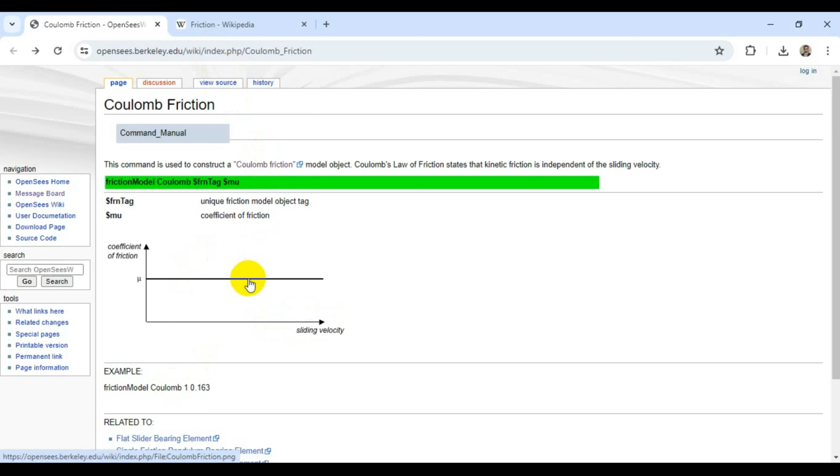When the sliding velocity increases, the transmitted force remains constant at the friction resistance, mu multiplied by the normal force, because the model assumes constant friction during sliding.